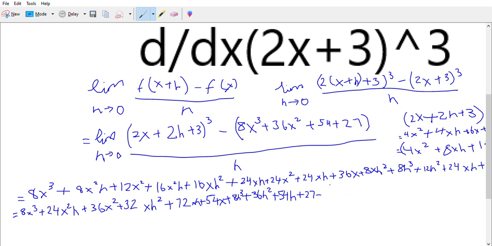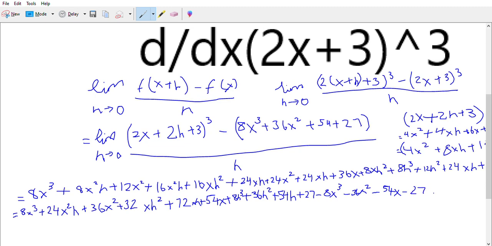So now the minus 8x cubed minus 36x squared minus 54x minus, oh sorry, the 4 apparently looks horrible, and I don't know why I cannot erase that. Sorry. So it's minus 54x minus 27.